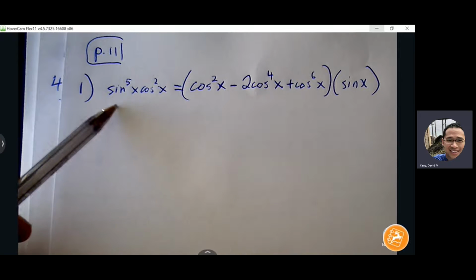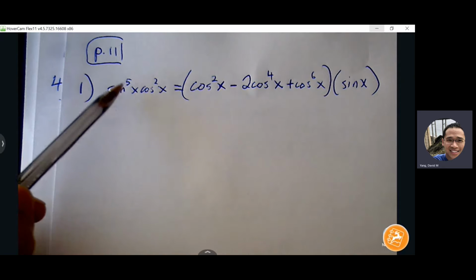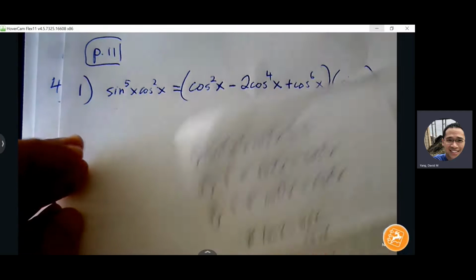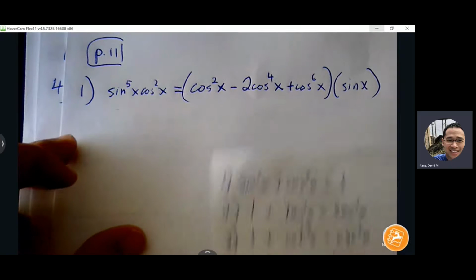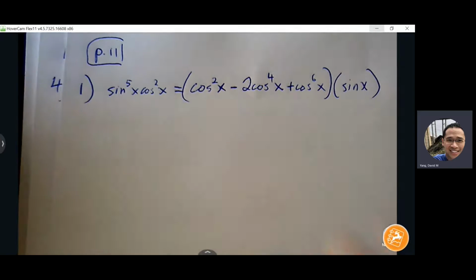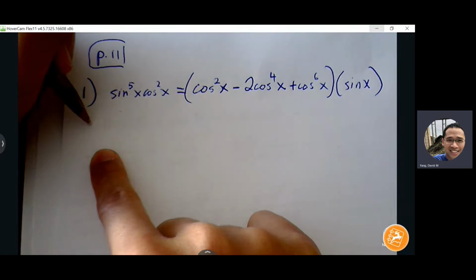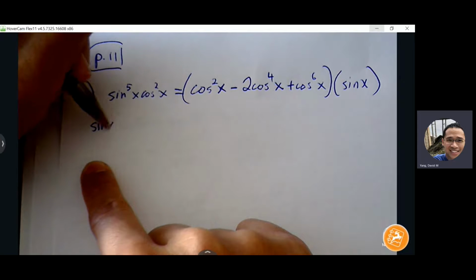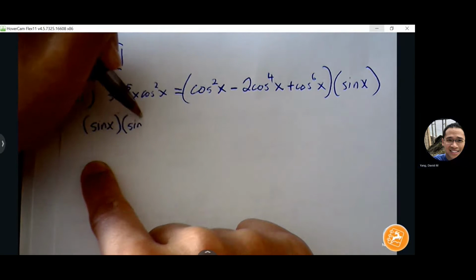So I think what we can do is let's get these exponents to show us something that's more familiar, right? And what I mean by more familiar is something that's in terms of squares, because if we can get it in terms of squares, then we can start converting it using our identities. So the first thing I want to do is separate my sine. If I can take out one sine, I can at least get it down to an even power.